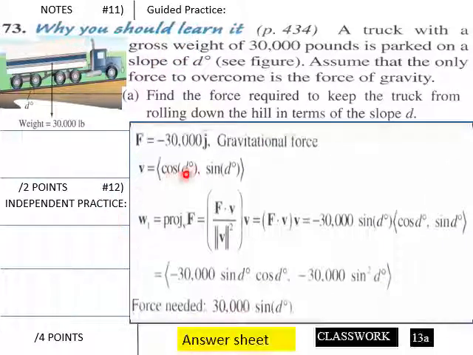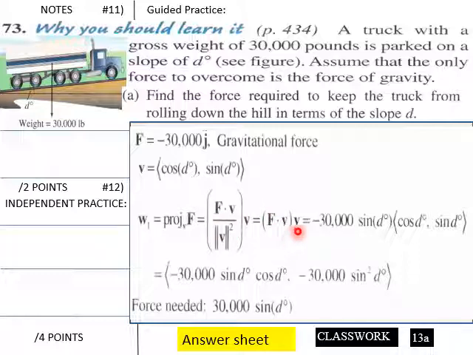To set that up, we have F equals negative 30,000 J, the gravitational force, and then V would be cosine d degrees I plus sine d degrees J. Our W1 would be the projection of F onto V, which equals F times V over the magnitude of V squared, multiplied by V.